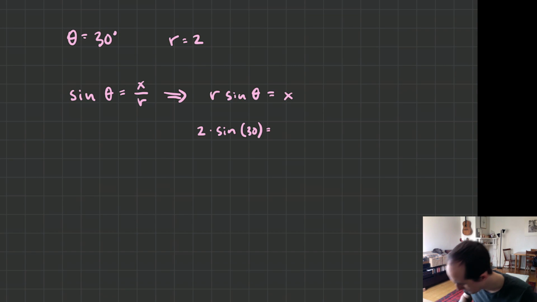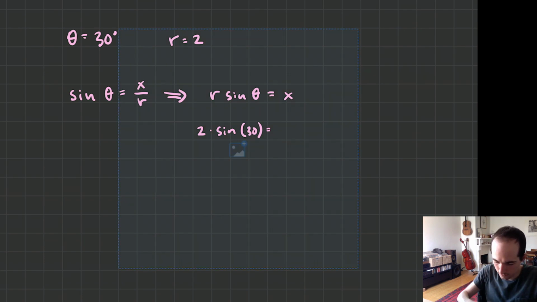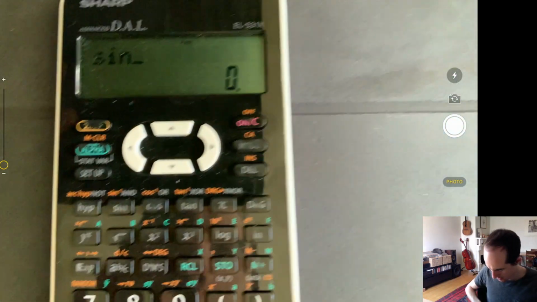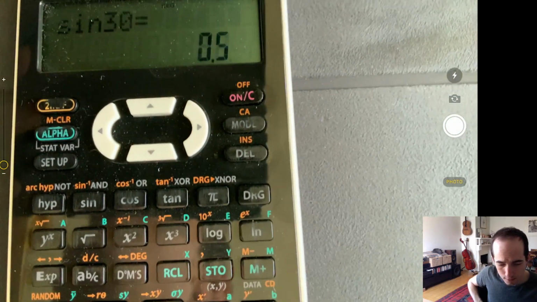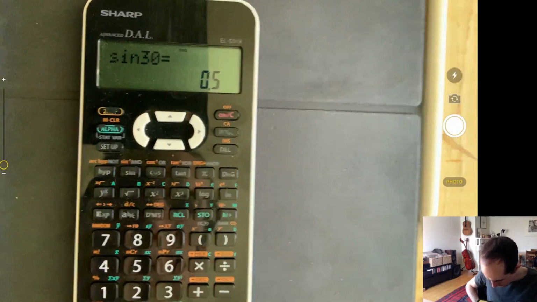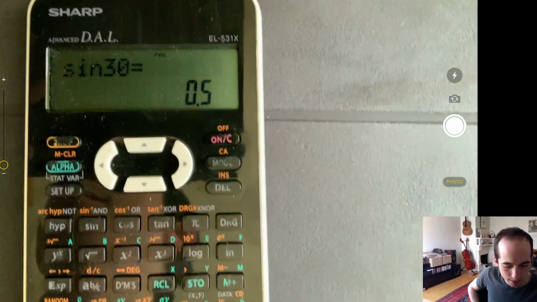I'm going to show you how I do this on my calculator. It's probably very similar to your calculator, but I'll walk you through it. Sine of 30 is equal to 0.5. That's how it looks. Boy, my calculator looks really dirty on camera. In real life, I swear, it doesn't look that dirty.